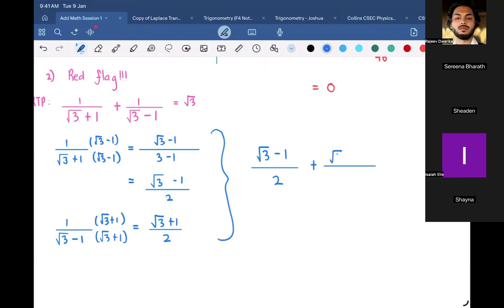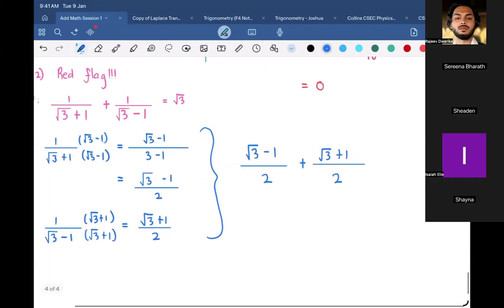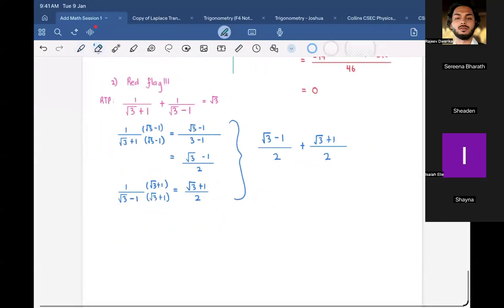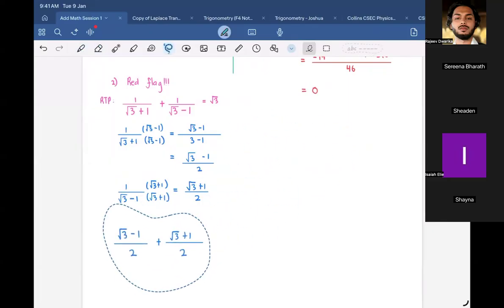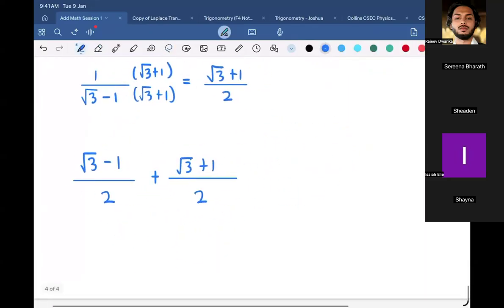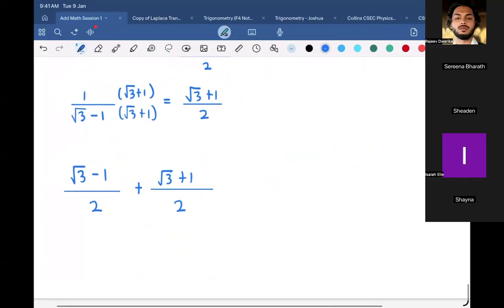And Shayna, what was the next thing you had to do? I remember you telling me you don't know what to do from this point. You basically just added the numerators. Right? That's all you had to do because I have the same denominator. And so that would work out to be root 3 minus 1, plus root 3 plus 1, and this whole thing will be over 2.